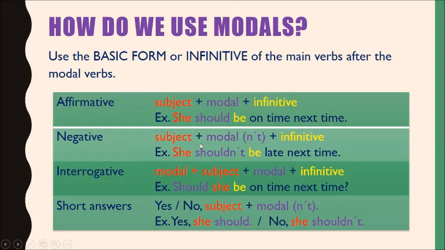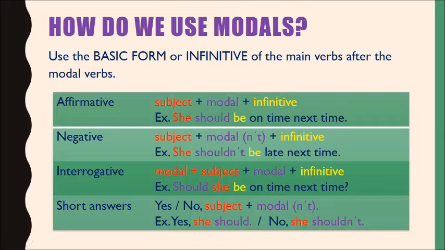And in that order, we are going to do the negative sentences, adding the particle not. For the interrogative, remember that the auxiliary verb is placed in the first place of the sentence or at the beginning.